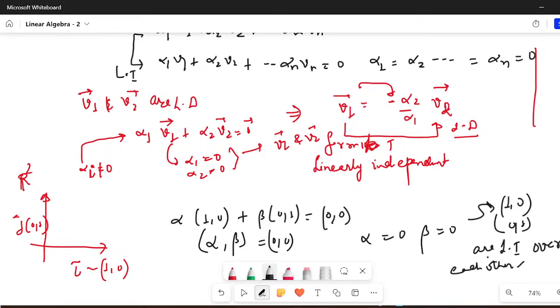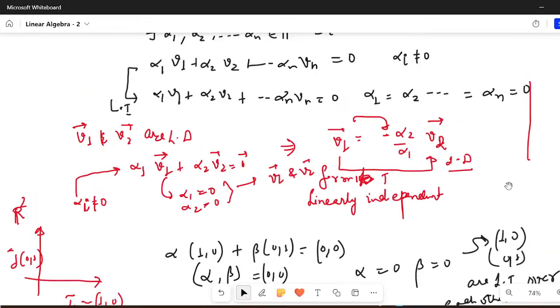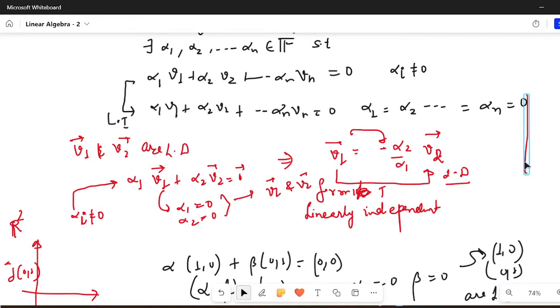So please do understand what linear dependence is. Linear dependence is when you can express one vector in terms of another vector. Another way of writing it is that if v1, v2, v3, ..., vn are a linearly dependent set of vectors over field F, then alpha 1 v1 plus alpha 2 v2 ... alpha n vn would be 0 such that all of the alpha i's are not 0.